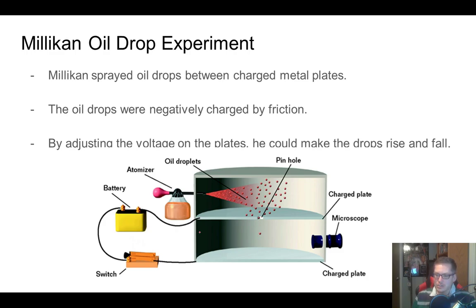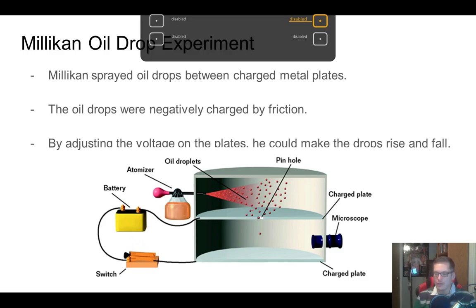And then he could change the voltage on these plates. That doesn't mean anything to you yet, but essentially what he's doing is just changing the amount of electricity that flows through these plates. Based on that, he could make the droplets slow down in their fall, or actually fight against gravity and travel upwards.